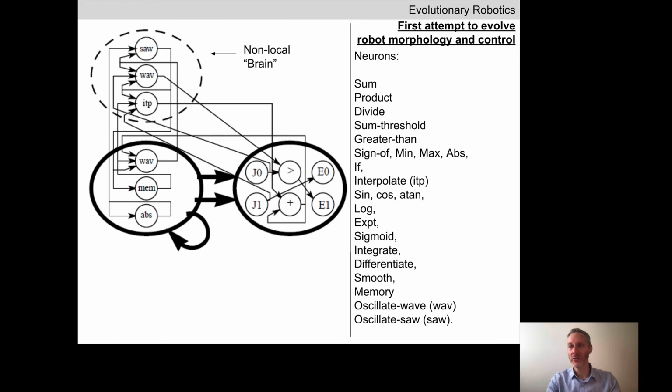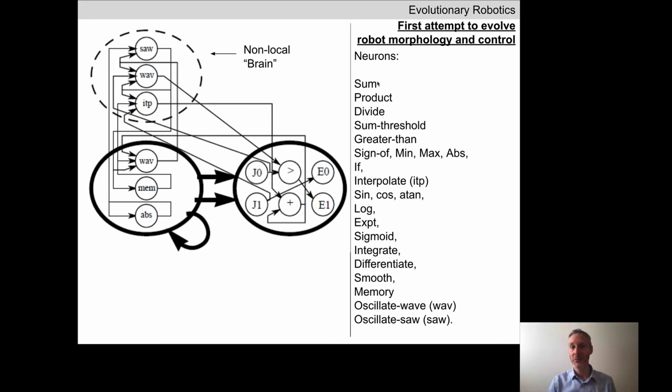We pass it through the activation function. We have that raw sum, and before we send that value out along that neuron's outgoing edges or outgoing synapses, we pass it through a function. As we saw when we talked about neural networks, we can have all different kinds of functions.